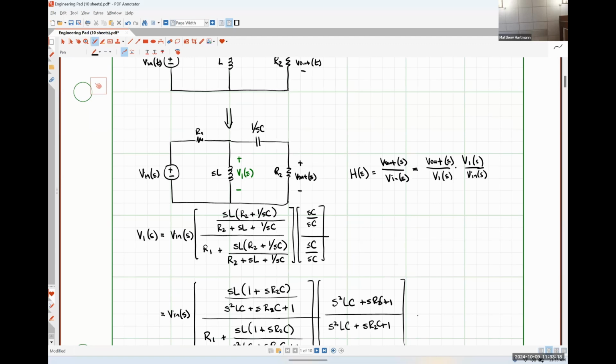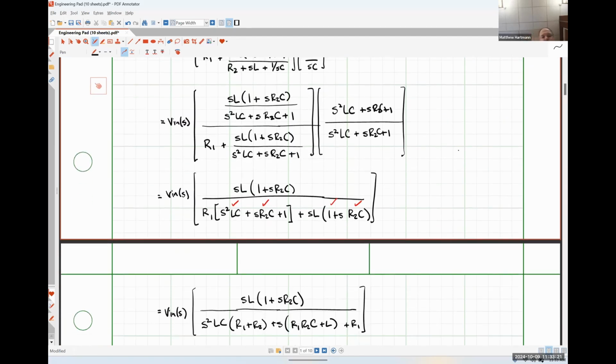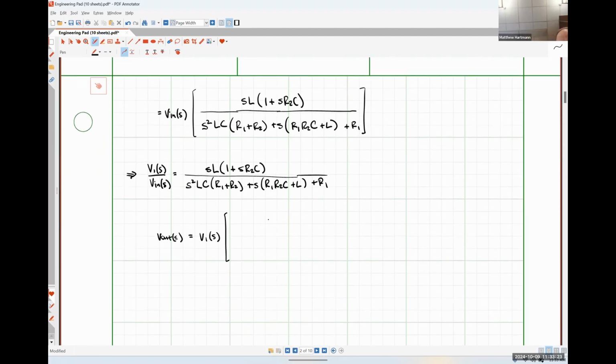So R2 over R2 plus 1 over SC. And let's multiply by SC over SC to get rid of the fraction in our denominator. And so this is going to leave me with an SR2C times a 1 plus SR2C.